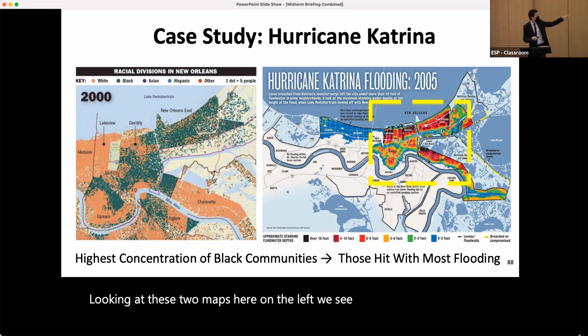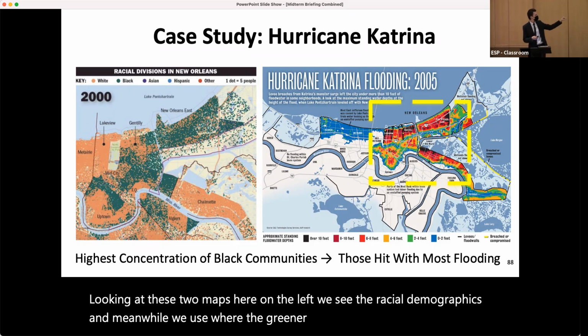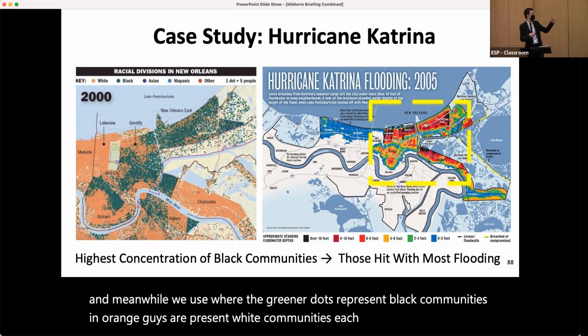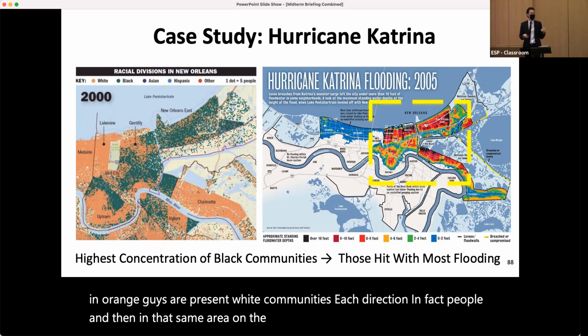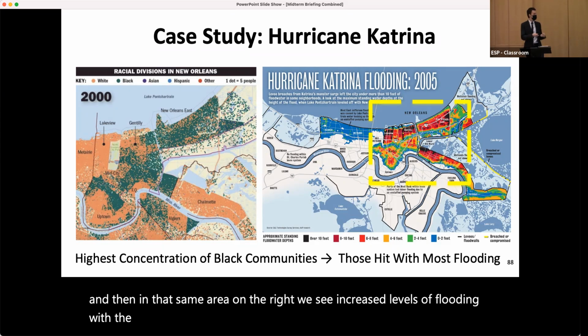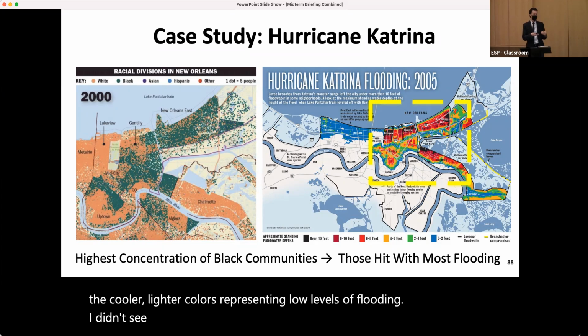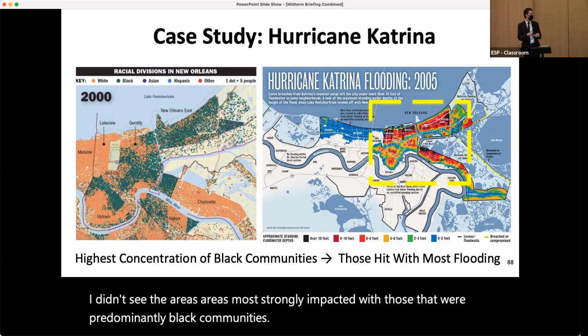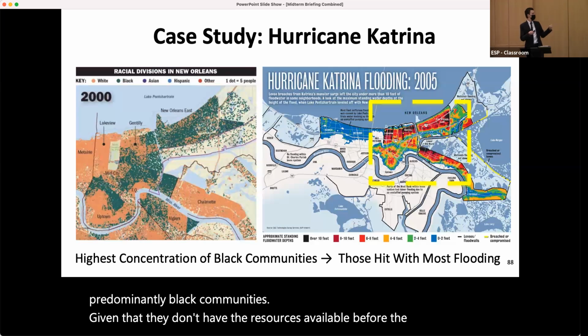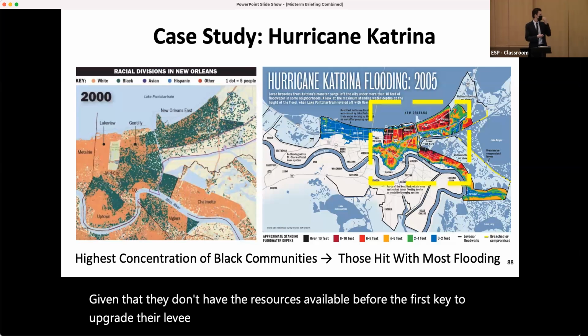As we can see, the areas most strongly impacted were those that were predominantly Black communities, given that they didn't have the resources available before the hurricane to upgrade their levee infrastructure, resulting in much worse flooding in these areas.